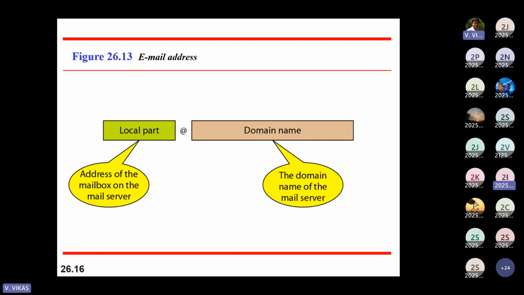When we look at an email address, we have a local address and a domain name. The local address means, for example, ETE third year or ETE0402@gmail.com. Here gmail.com is the domain name which you get from Gmail, and another example is vikas@gnits.ac.in.